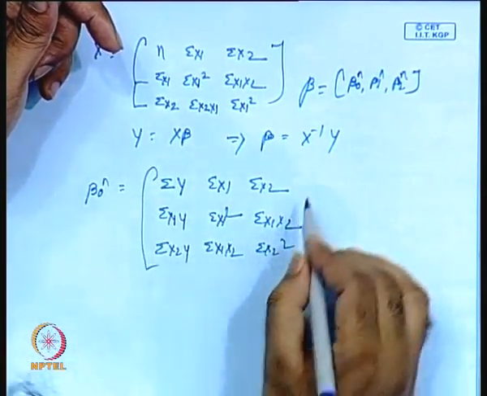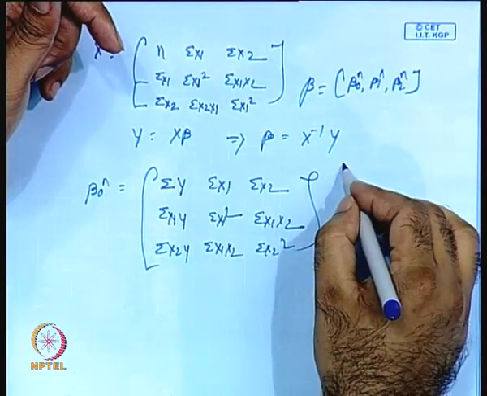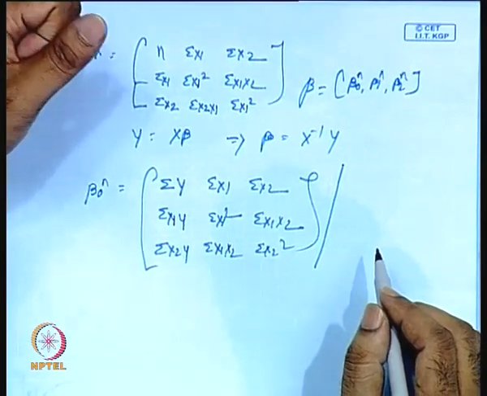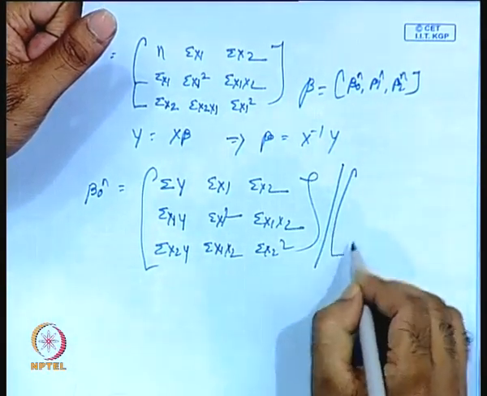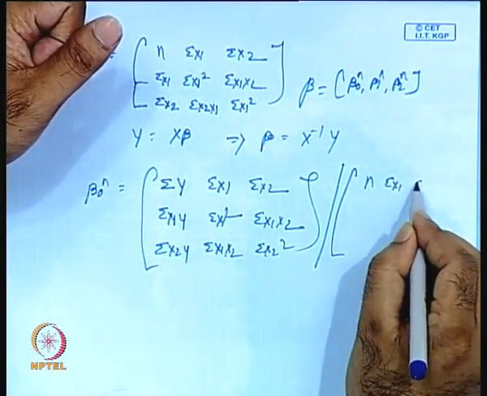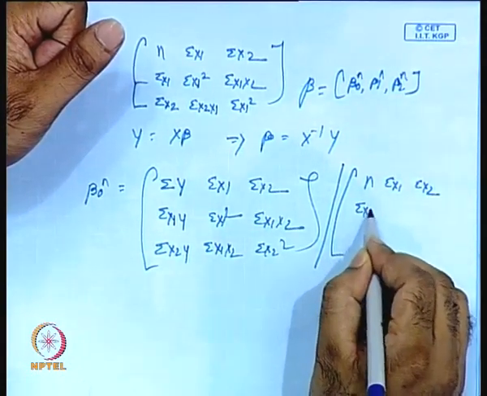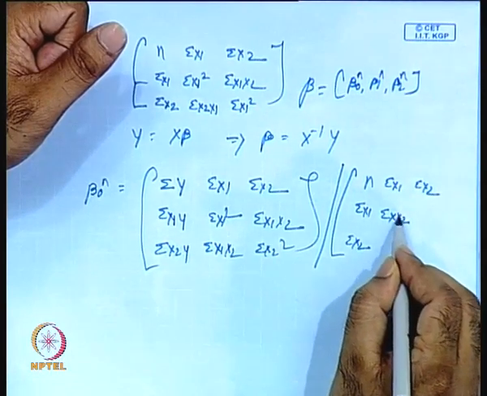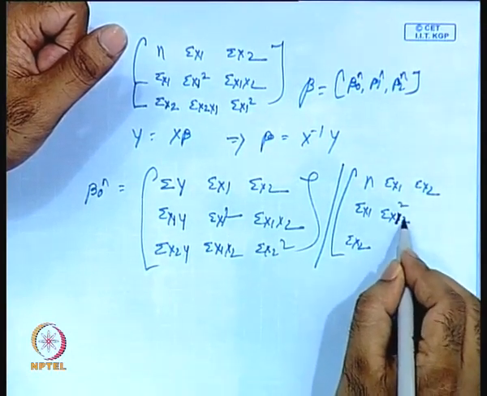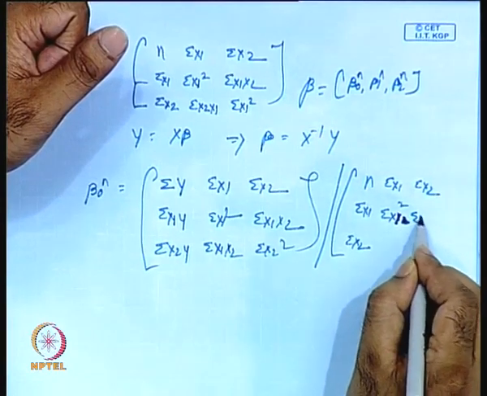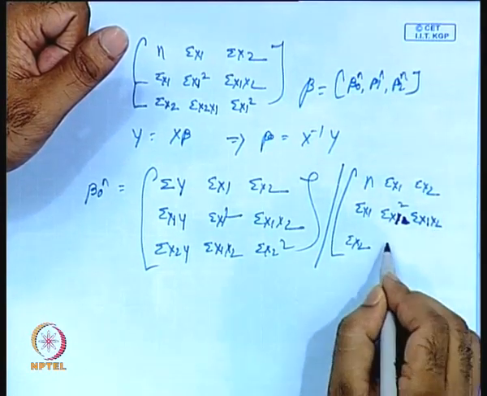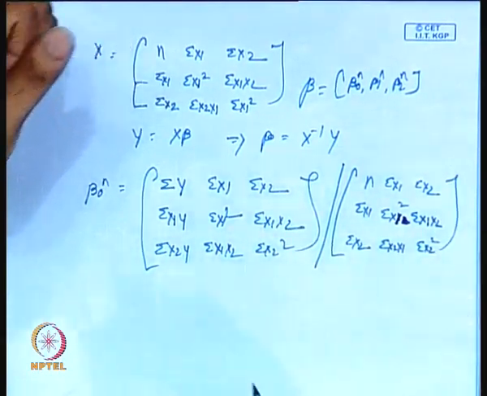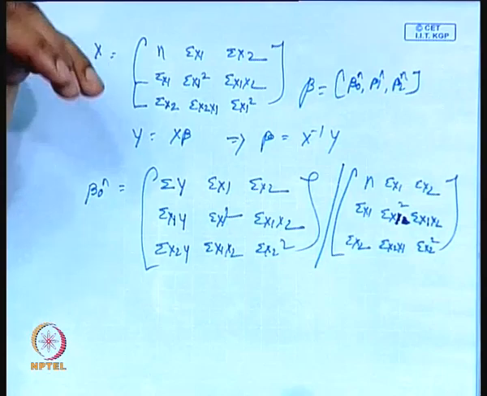So this is beta 0 head, equal to this divided by matrix A. So A is nothing but n, summation x1, summation x2, summation x1, summation x1 squares, summation x1 x2, summation x2, summation x2 x1, summation x2 squares. So this is how we get the beta 0 head value.